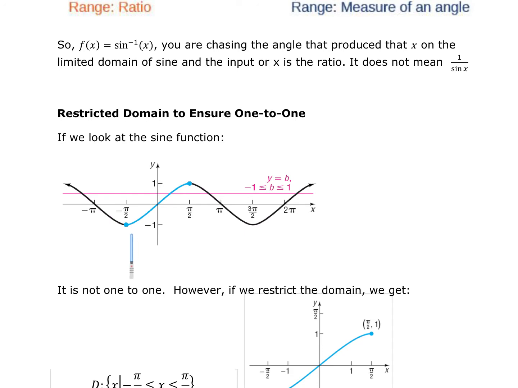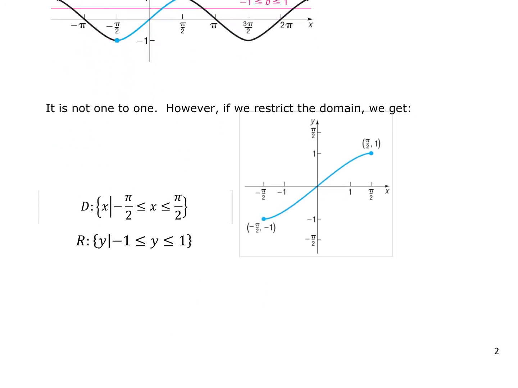So we're going to cut the sine wave, just like we did in Pre-Calculus 1, in such a way that I get all the possible output values for a very restricted and smaller domain that allows us to be one-to-one. So I restrict it from -pi/2 to pi/2, and I get to include the endpoints.